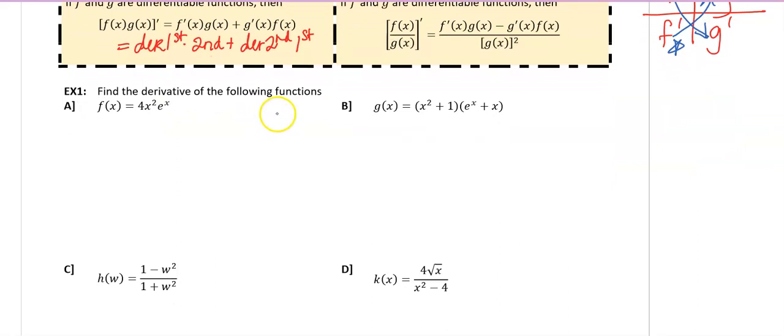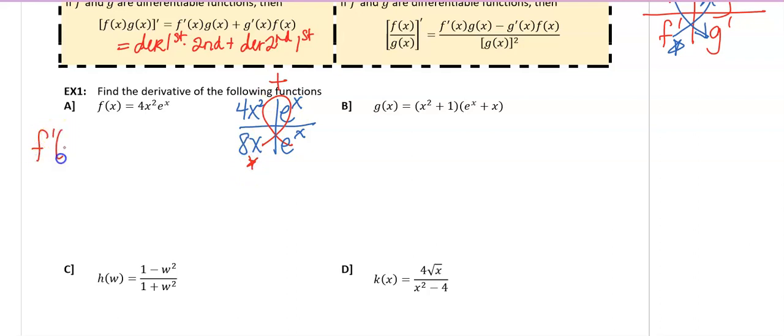All right, so for part A, and you can pause at any time, I'm going to write my factors, 4x squared, e to the x, find their derivatives. Remember, derivative of e to the x is e to the x. And then I'm going to do the bow tie. It is plus. Start from the bottom left.